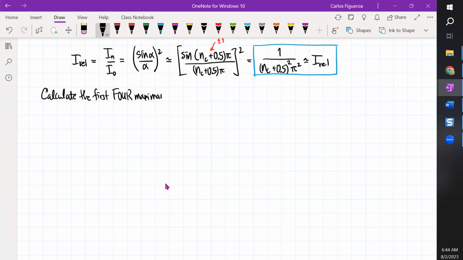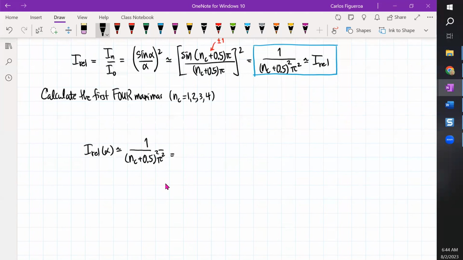I'm going to say that the relative intensity, which we already know is proportional to NC, is equal to 1 over this, and remember, NC is going to be 1, 2, 3, 4 for our situation.